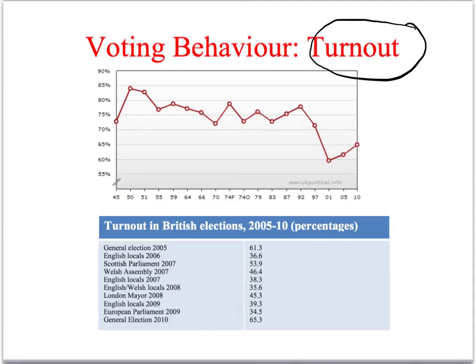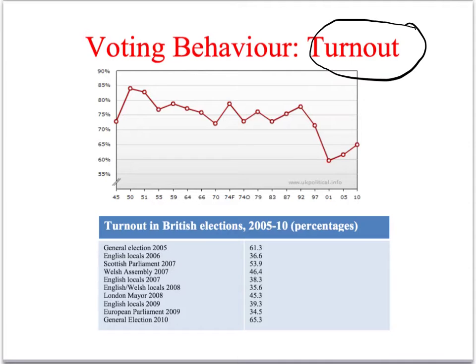There were very high turnouts in 1950 and 1951, and then quite a long period with no discernible trend. However, in the 2001 general election, you can see that turnout slumped to a dramatic all-time low. It was just 59%.